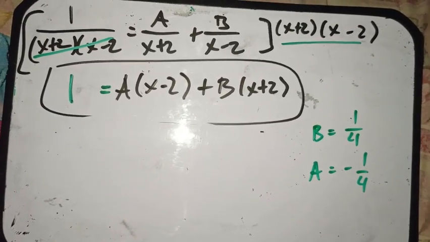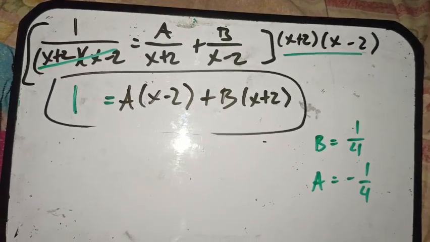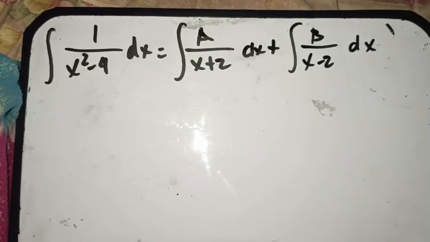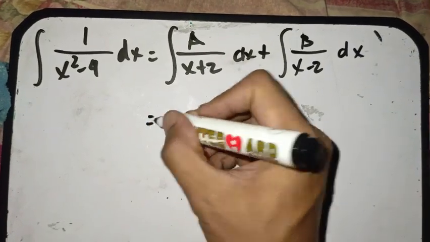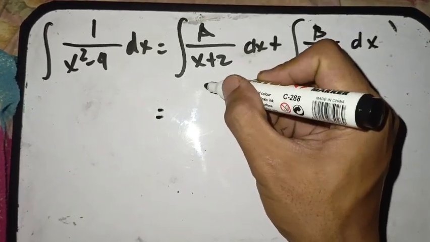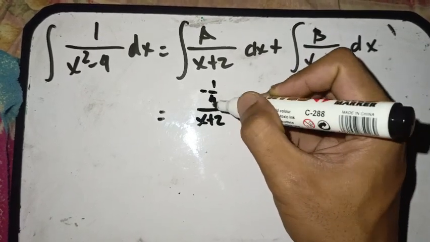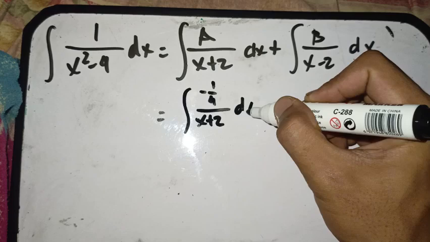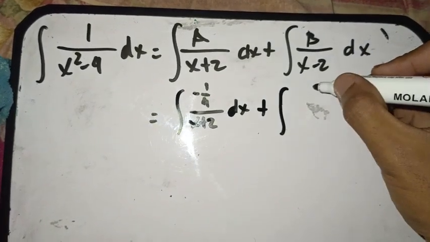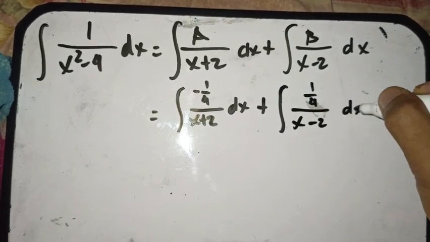Now we proceed to substitute them into our integration. So we go back to integrating the parts and substitute our values. We know that a is negative 1/4, so negative 1/4 over x plus 2, dx, plus b, which is positive 1/4 over x minus 2, dx.